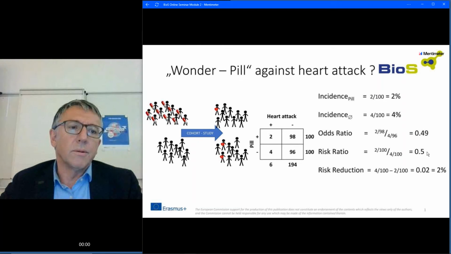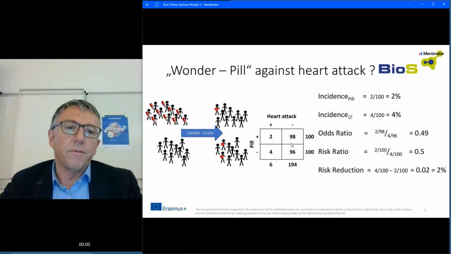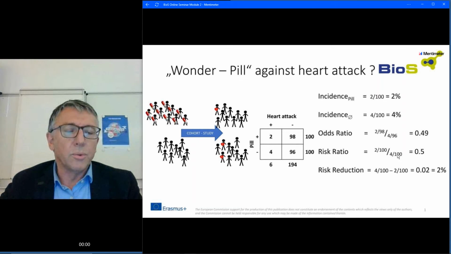And you see the risk ratio is around 0.5. It's quite similar to the odds ratio because it's a rare condition. It's only 2%. If the condition is less than 5%, then the odds ratio and the risk ratio are quite similar because the denominators here are large and they are comparable to the denominators in the risk ratio.